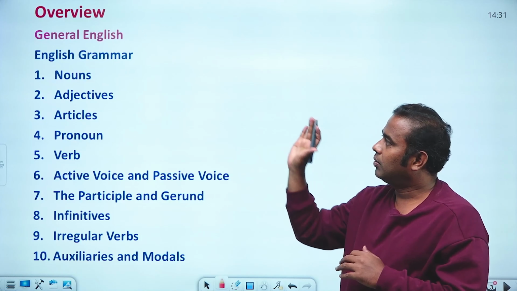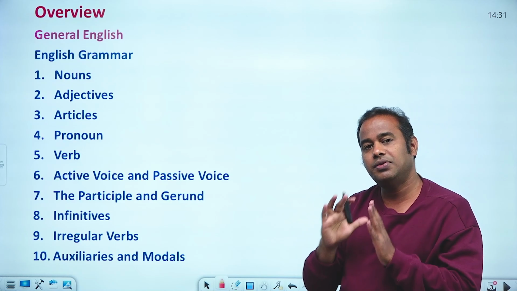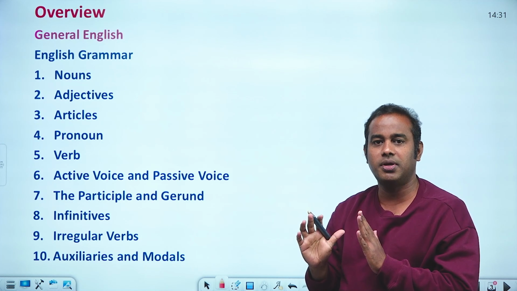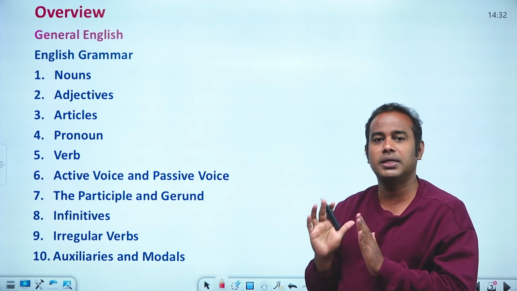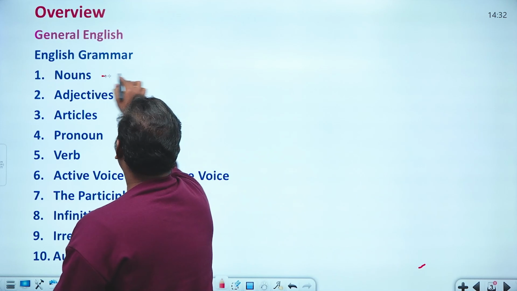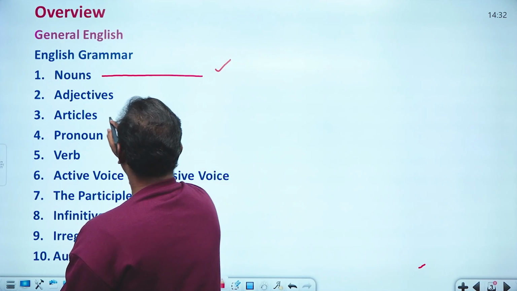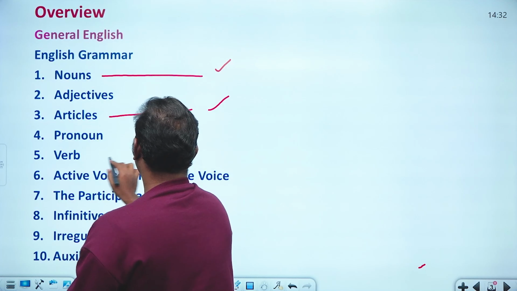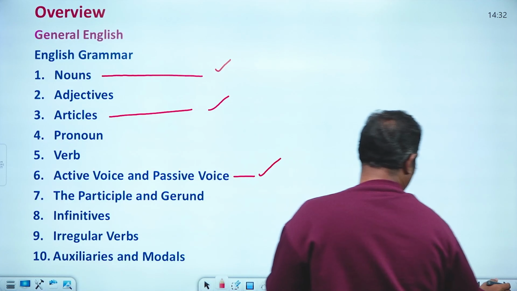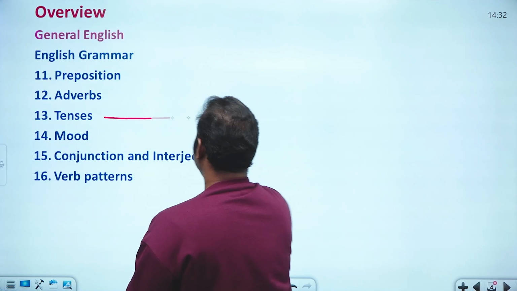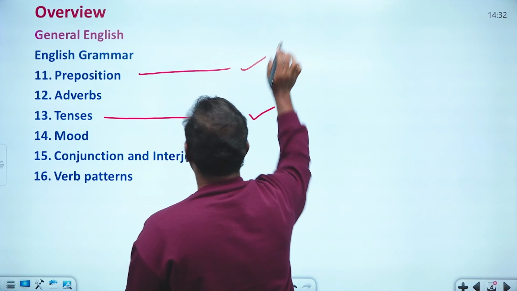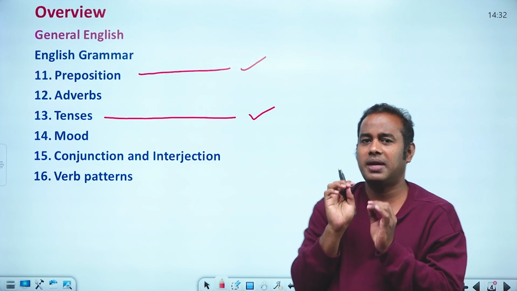If you open any competition examination paper, in the general English section you will see it is very subtle. You will have nouns, they would ask articles, something like passive voice, and sometimes very simple tenses. Sometimes they won't even ask prepositions, but generally it is like this, in a very simple and subtle manner.